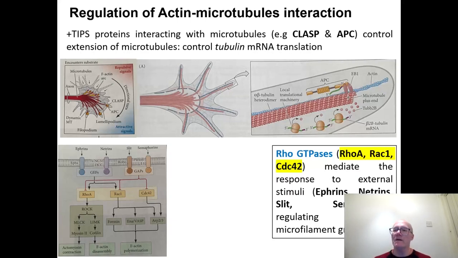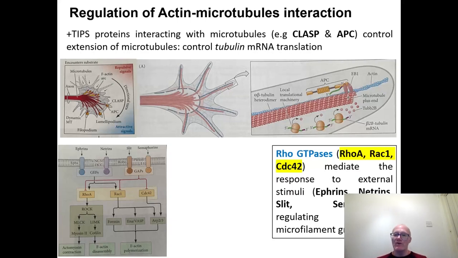And actin can be synthesized or degraded depending on the environment. So Rho GTPases like RhoA, Rac1, and Cdc42 mediate the response of the fingers of the filopodia to the external stimuli. The most important stimuli that these Rho GTPases respond to are ephrins, netrin, slit, and semaphorin.